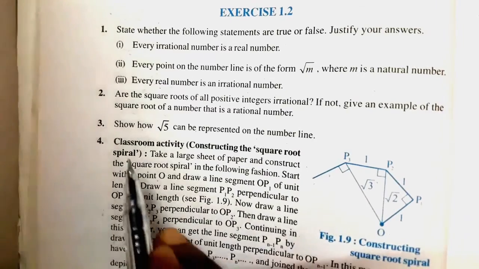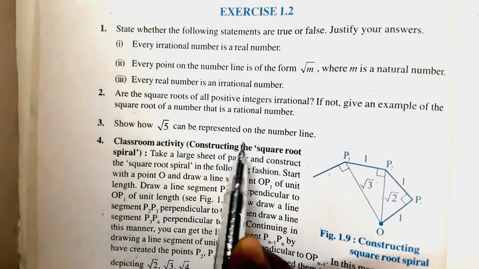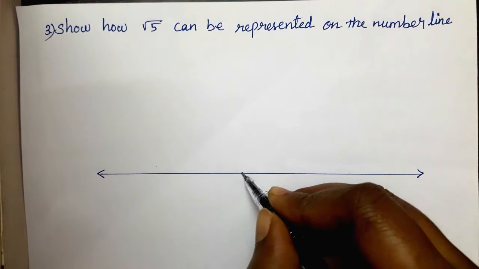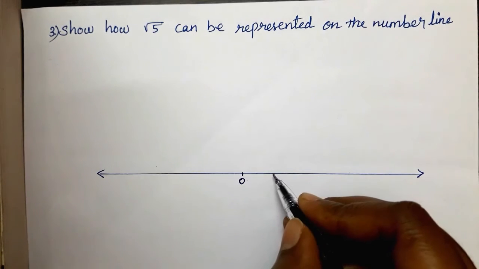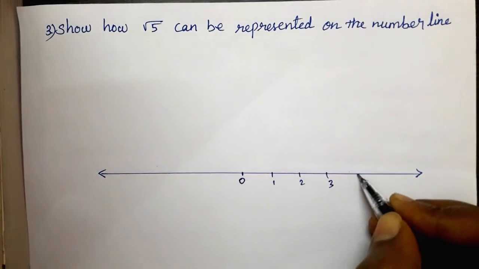Now, question number 3. Show how root 5 can be represented on the number line. First, we have to draw a number line. Here 0, the positive side, so plus 1, 2, 3, 4.